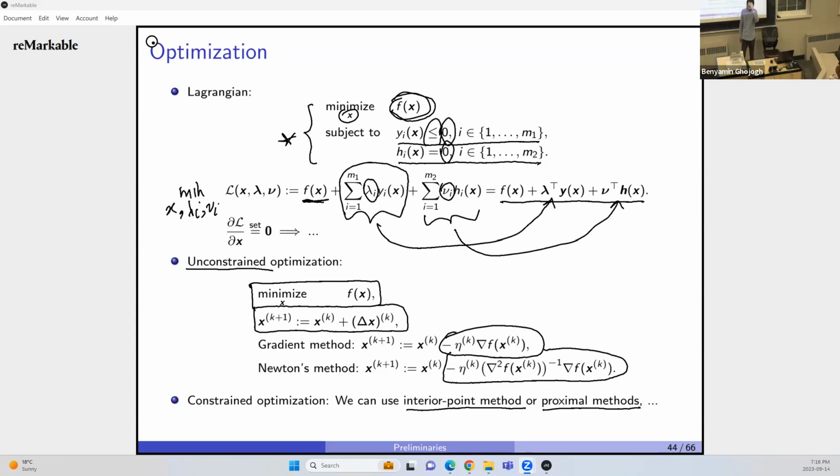What is that? Nothing complicated. It's just generalization of Newton's method for constraint optimization. So because Newton's method is for unconstrained optimization. And interior point method simply does that. And its idea is very interesting. Just for you to know, it embeds the inequality constraint as a regularization term, similar to what we have here.